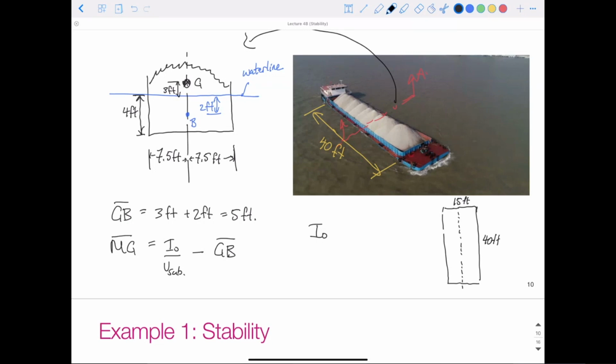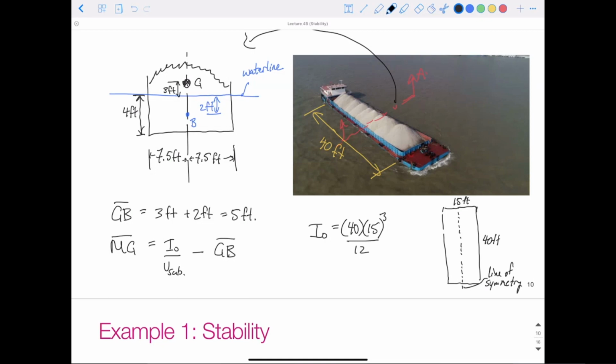This is our tilt axis, line of symmetry. So we would have I0 equal to 40 feet times 15 feet cubed divided by 12. That is the moment of inertia of a rectangle.